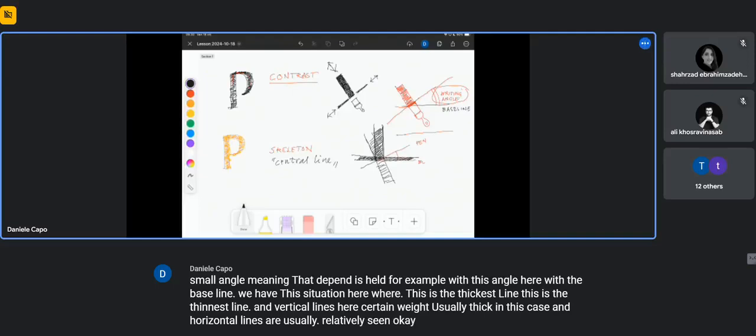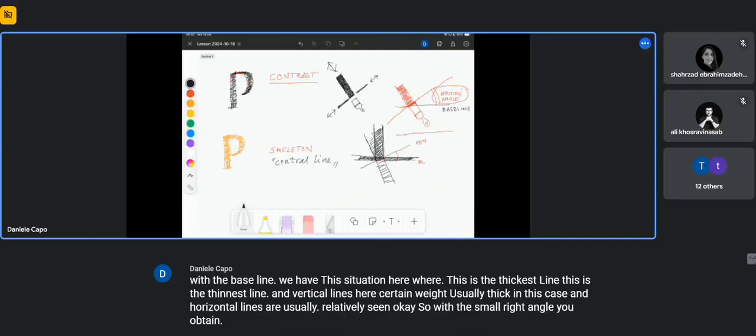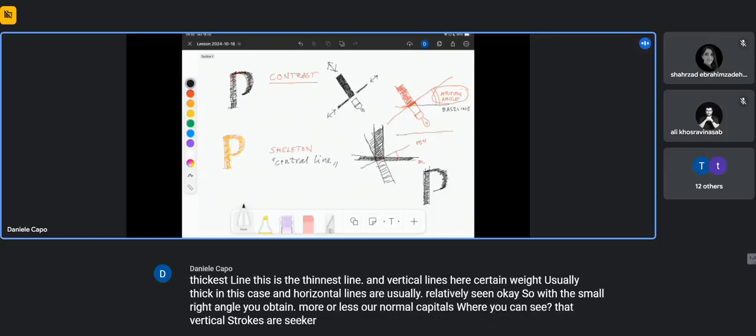Okay? So with a small writing angle, you obtain more or less our normal capitals. Where you can see that vertical strokes are thicker than horizontal strokes.